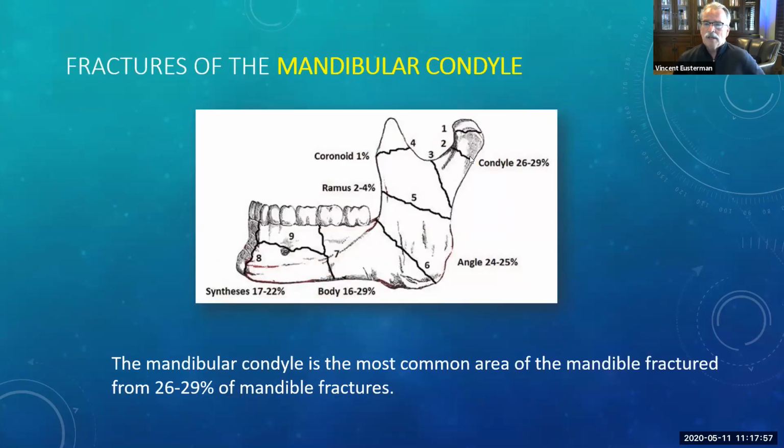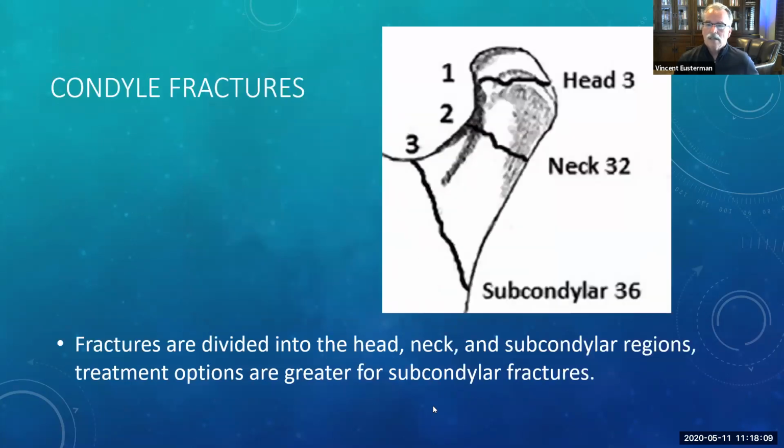The mandible condyle is the most common site of fractures, up to 30% of the time, and it's often in combination with parasymphyseal or other fractures. The condylar head, neck, and subcondylar areas are evaluated separately.